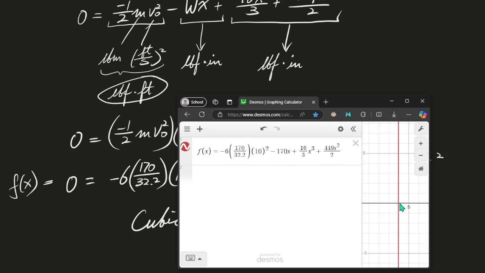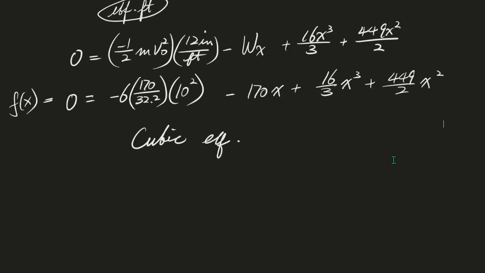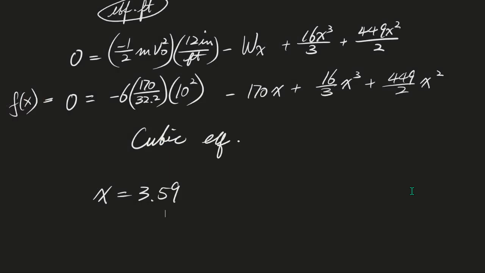Okay, now if we look at the x-intercept, we'll get 3.95418. Let's double check that. Oh, 3.95418. And x is in inches.